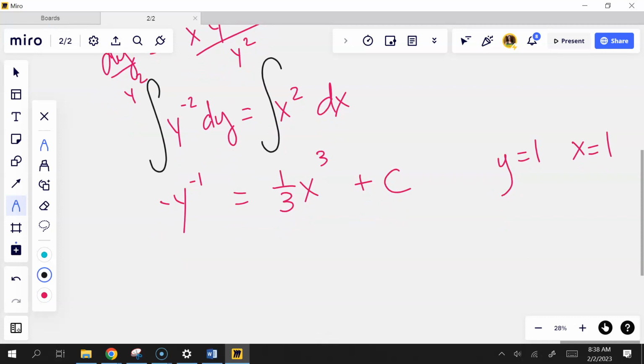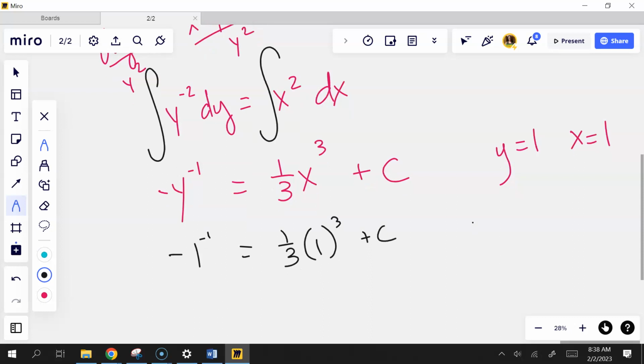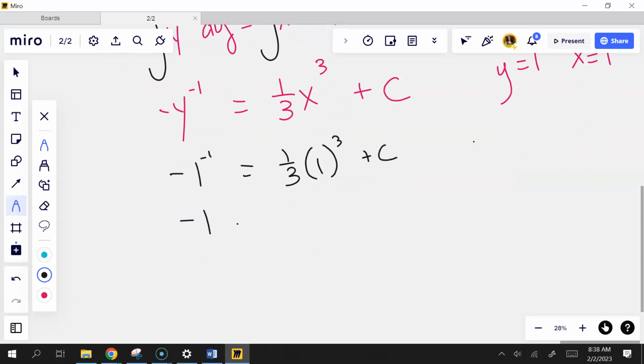You can solve for y first and then plug in, it doesn't matter. I prefer to plug in as early as I can. Negative 1 equals 1/3 times 1 to the third plus c. So I have negative 1 equals 1/3 plus c. Subtract 1/3.